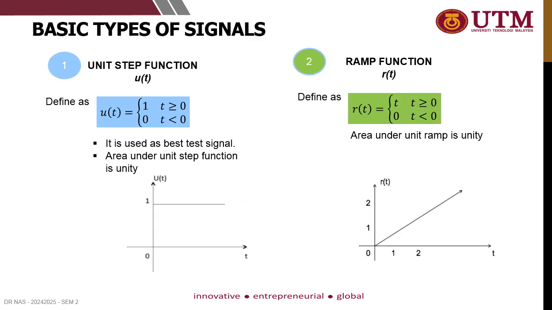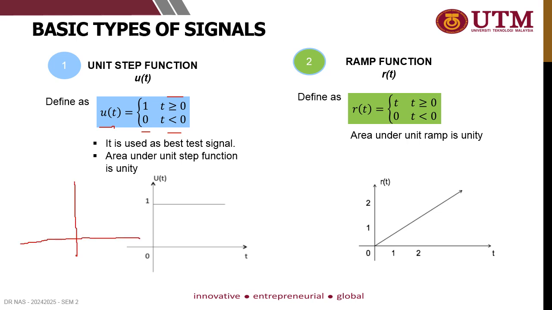So what is unit step function? So unit step function is given by u(t). Okay, the amplitude is 0 when t is less than 0, and the amplitude will be 1 if t is larger than 0. Okay, so this is the y-axis and this is the x-axis.